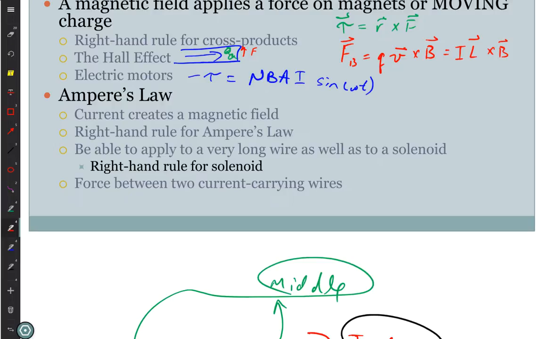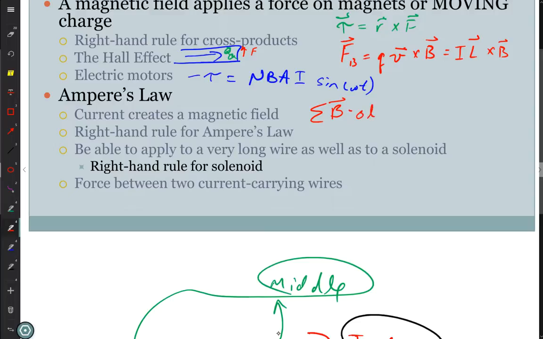It says that the circulation, that is the sum of the magnetic field dotted with the sides, that's supposed to be a delta L vector, of a loop, not a physical loop, but one you're using for calculational purposes, is equal to mu naught multiplied by the current enclosed by that loop. So that was Ampere's law.